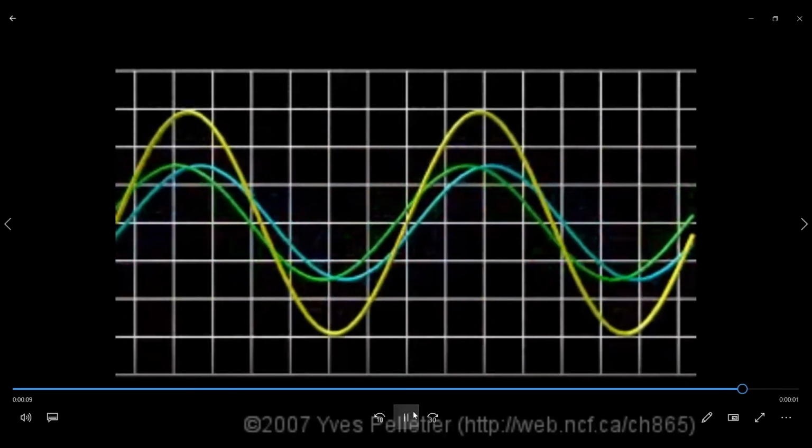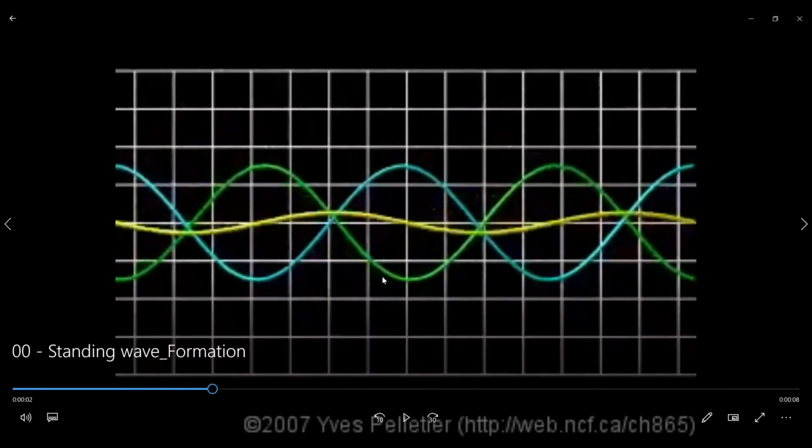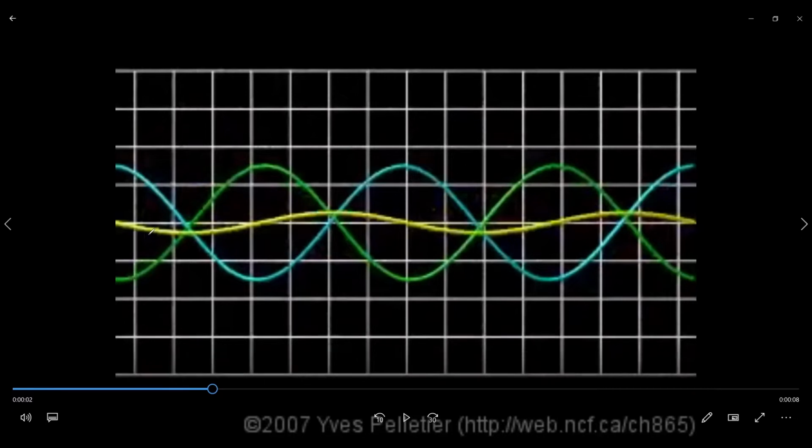Let me just freeze the stationary wave at almost equilibrium. Okay, so let's consider again the case of the particles right now along this stationary wave. Say this one is the stationary wave's particles.